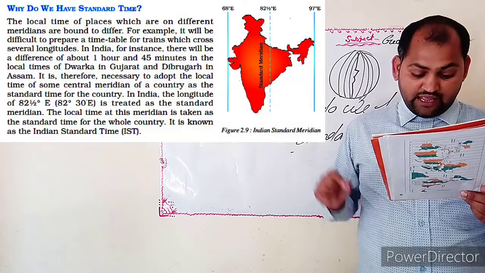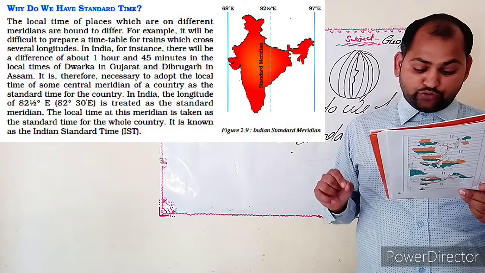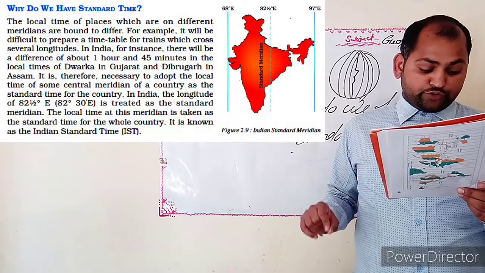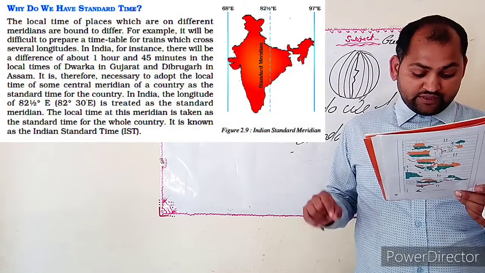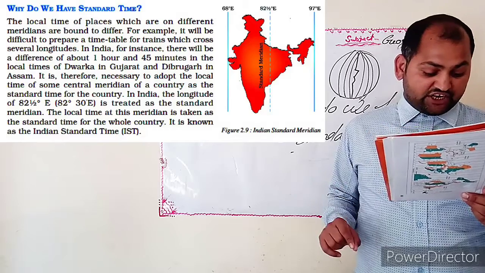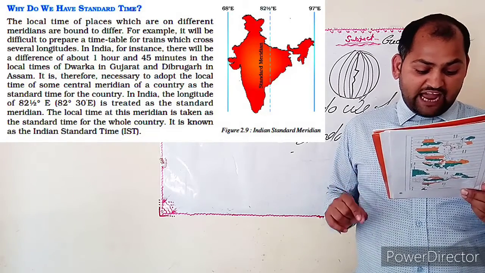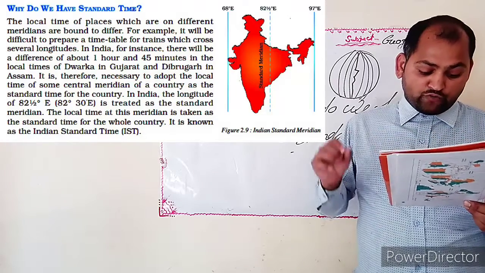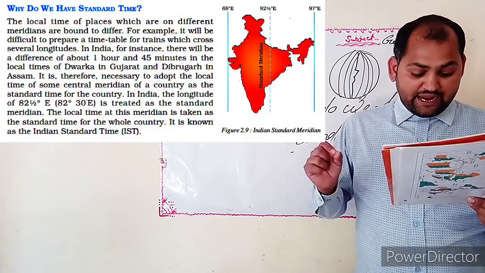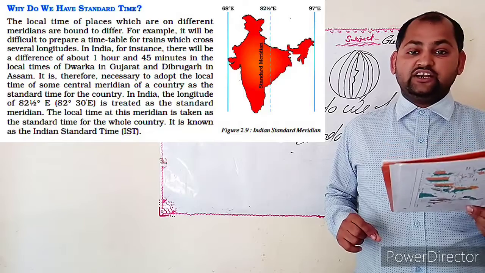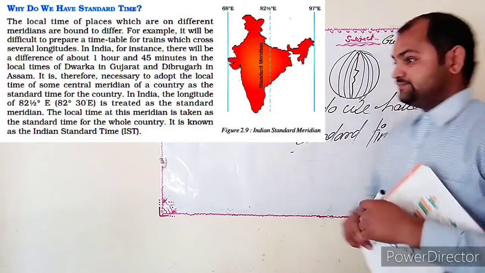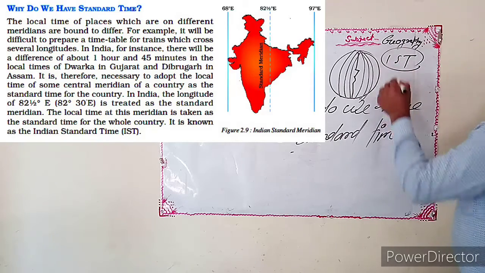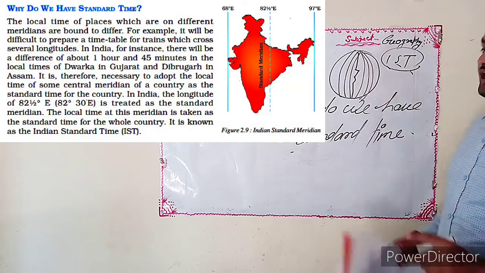In India, the longitude of 82 degrees 30 minutes east is treated as the standard meridian. The local time at this meridian is taken as the standard time for the whole country. It is known as Indian Standard Time, IST.